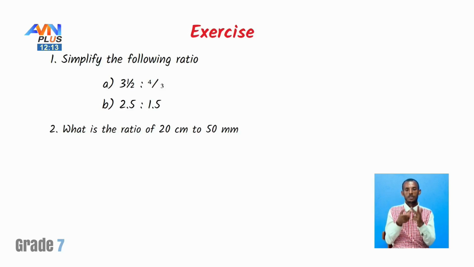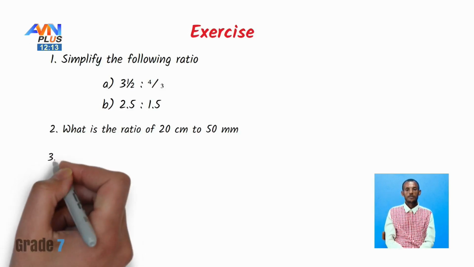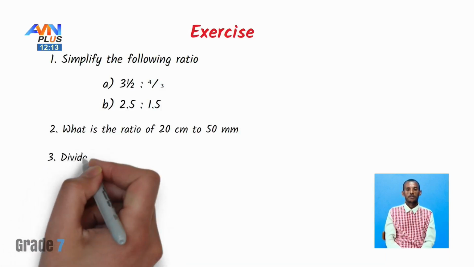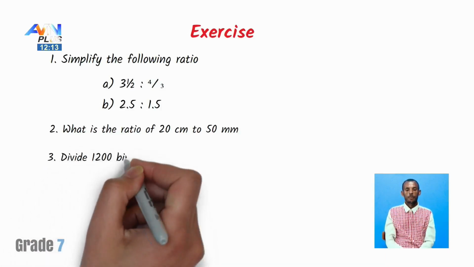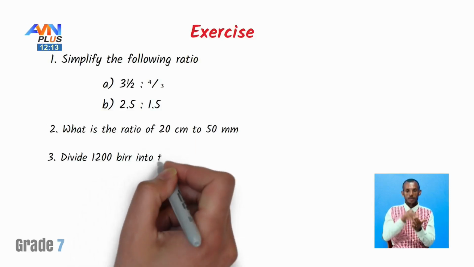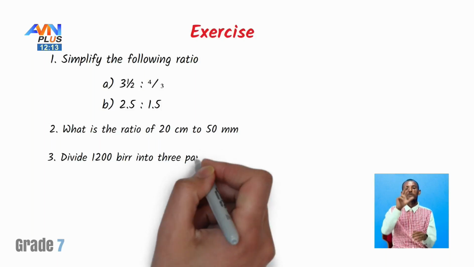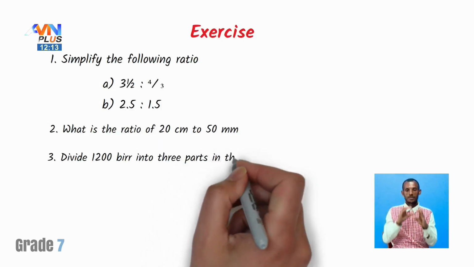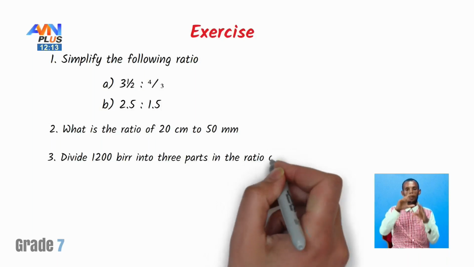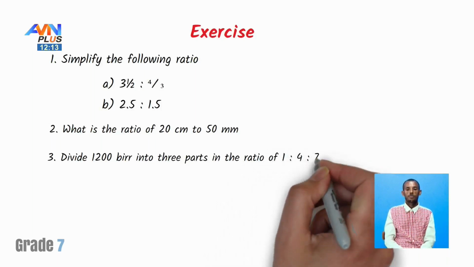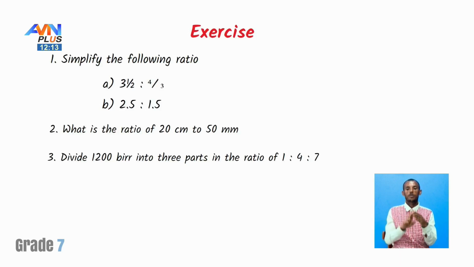Third, divide 1,200 birr into 3 parts in the ratio of 1:4:7. So, this is all about today's lesson.